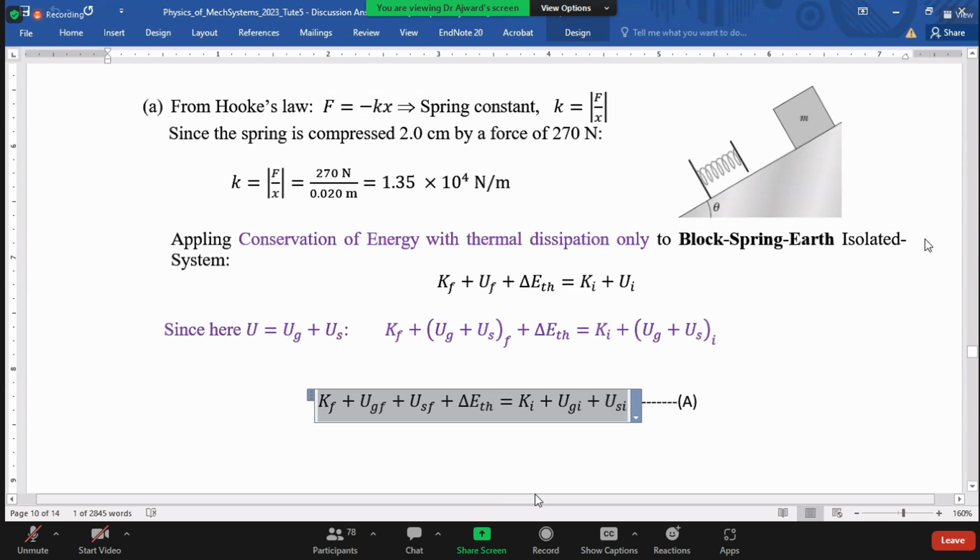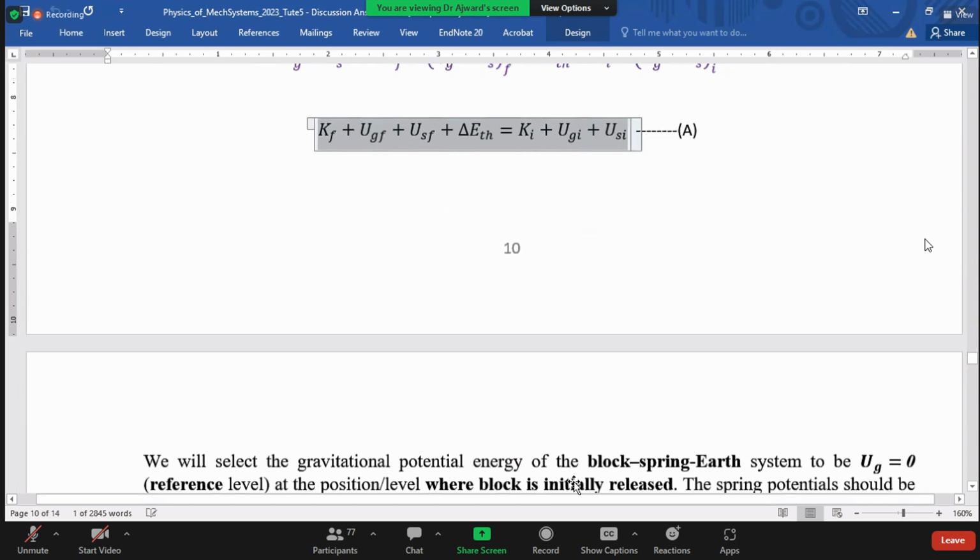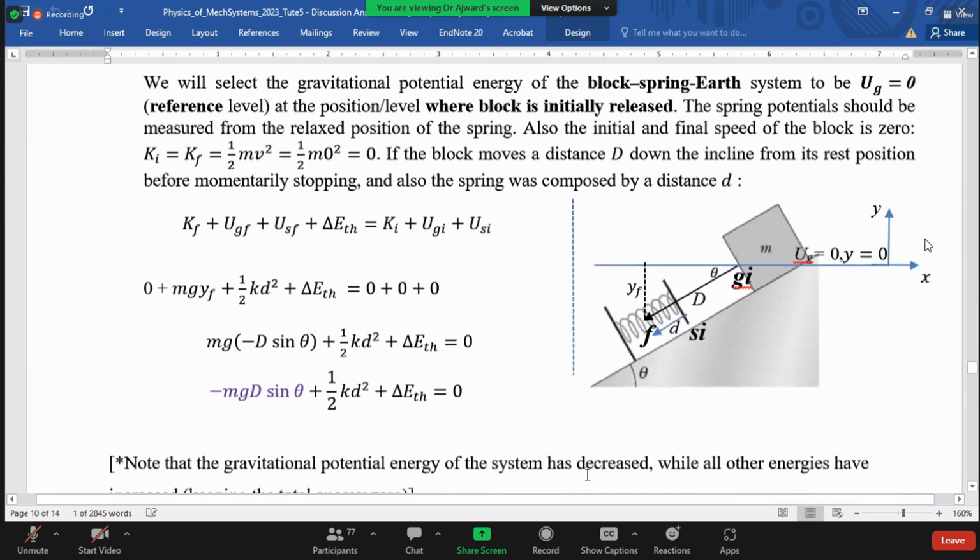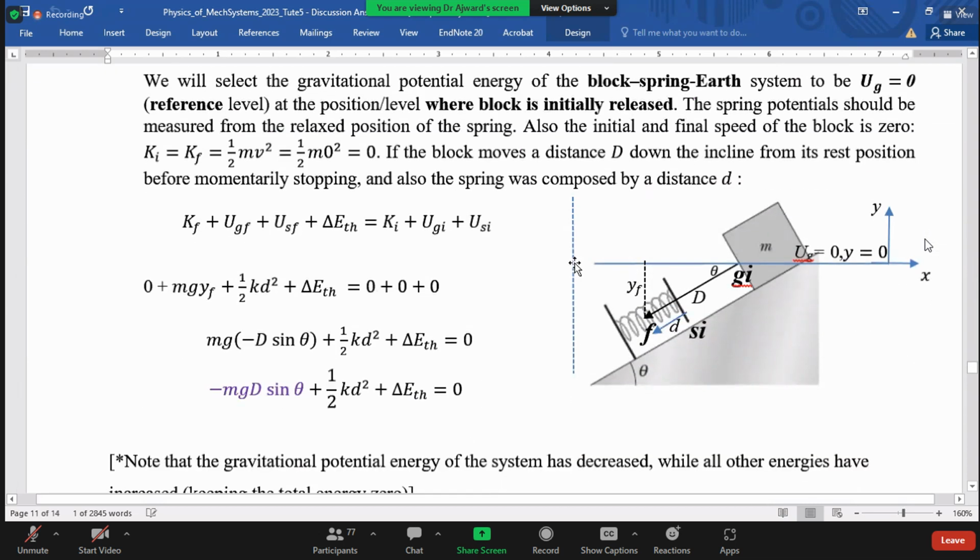But of course, if they are there, you can put those things also into the equation, right? And as usual, you have to clearly define where you choose your gravitational reference level.